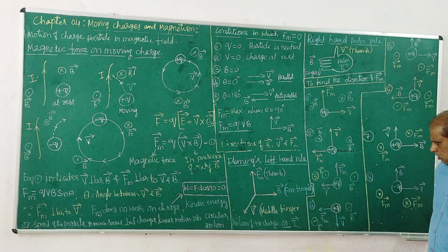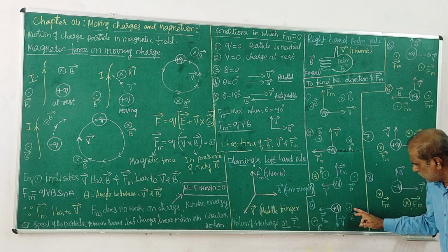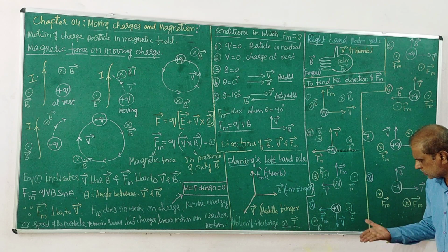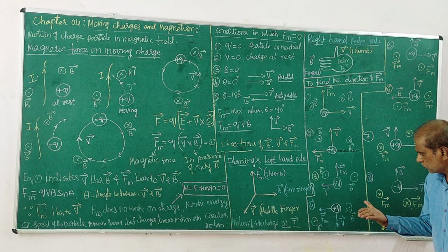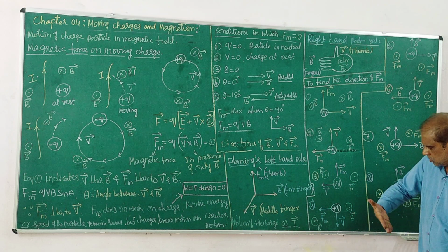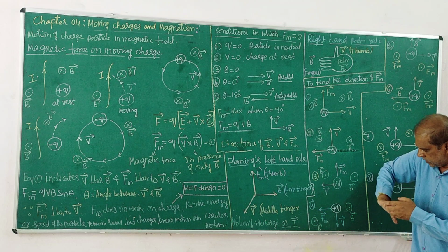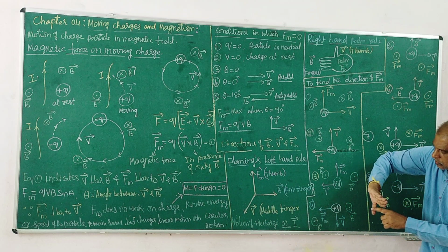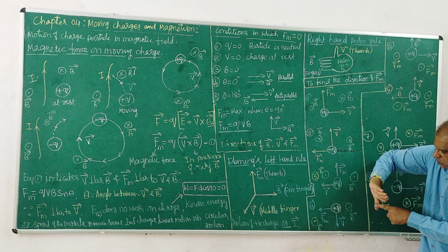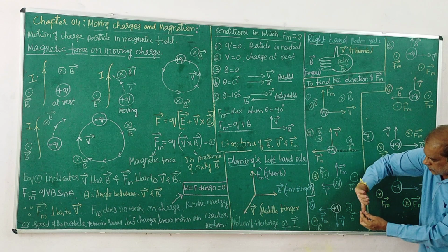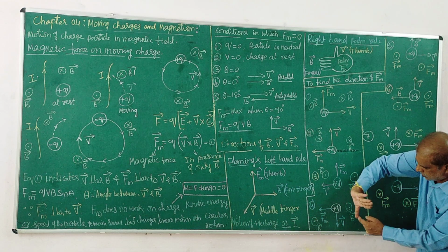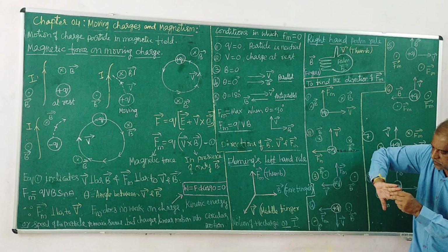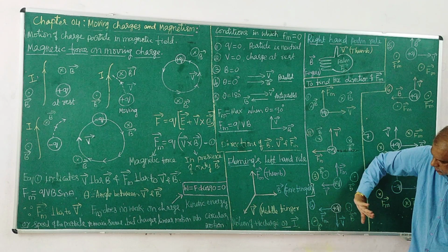Here vector B, vector velocity. Stretch the palm so that this is the alignment. And turn my palm like this so that this coincides with the velocity and B coincides with this direction, outward like this.